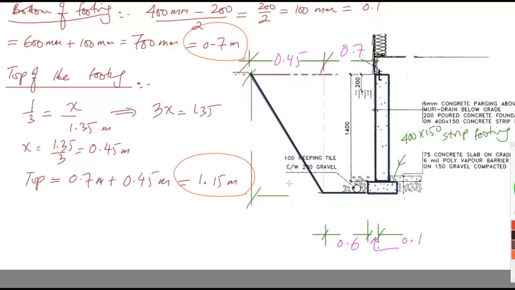The target is, I would like to see how much is the average, because I can't calculate this shape. So instead what I will do is I'll do the average of this shape, and the average of this shape will be something like this. This will be the average. So I need to know the distance.